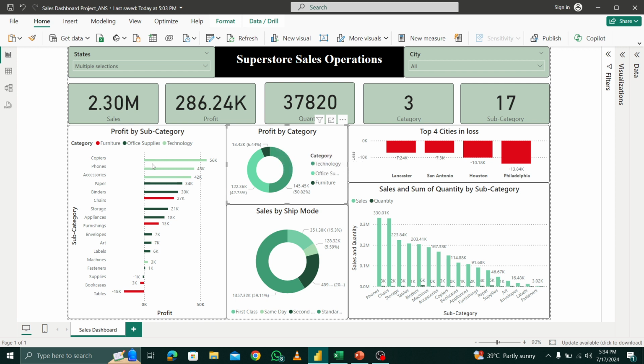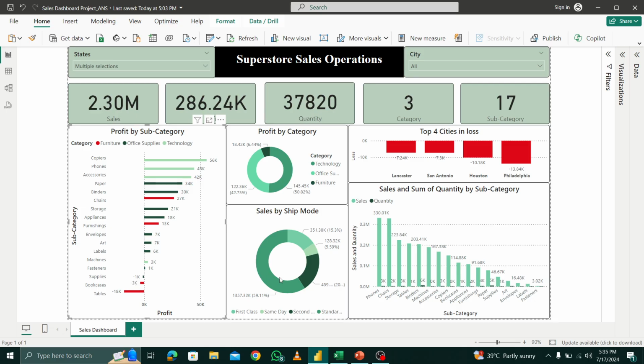We can also see the subcategories in which copiers and phones and accessories that are part of technology are making most of the profit. And we can also see that the tables and bookcases that are part of the furniture are making most of the losses.